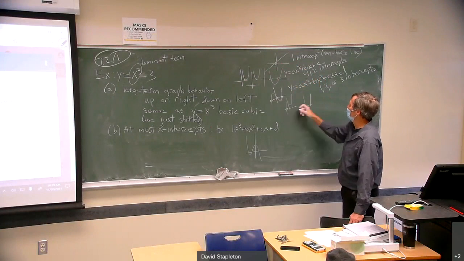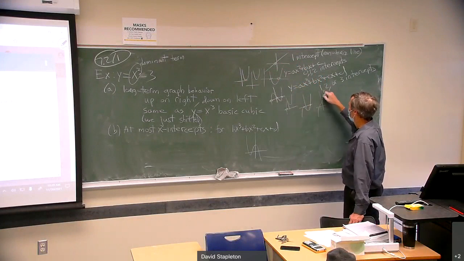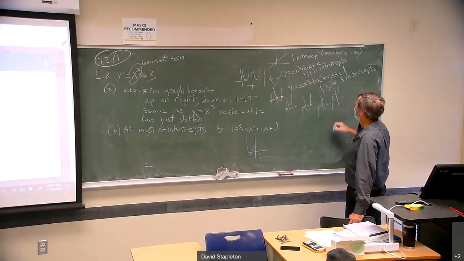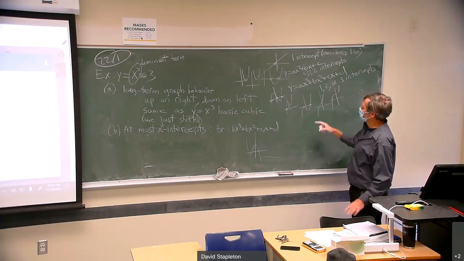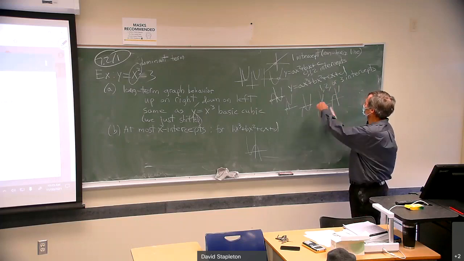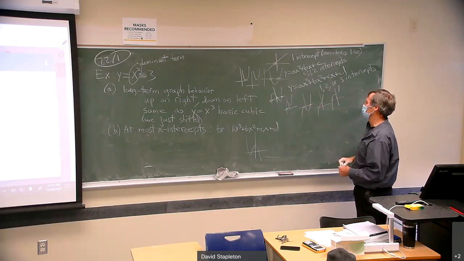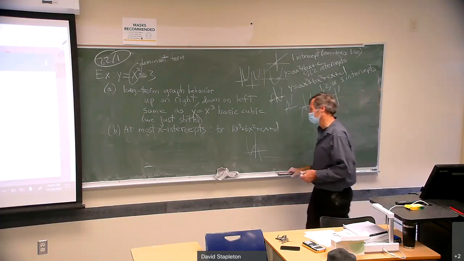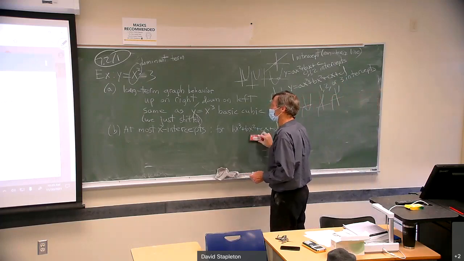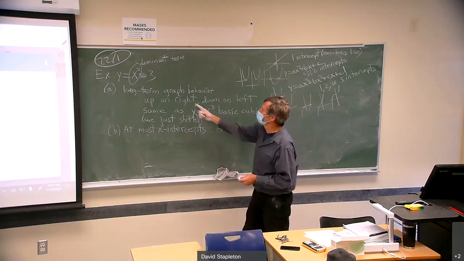Cubics can look like this, or they can be a wiggle, or they can be just flattening out. They can intersect 1, 2, or 3 times, but because they go up on one side and down on the other, they always have at least one. Then you can do a similar analysis of quartics, which we might run into shortly. But what it's asking here is not for this particular cubic.